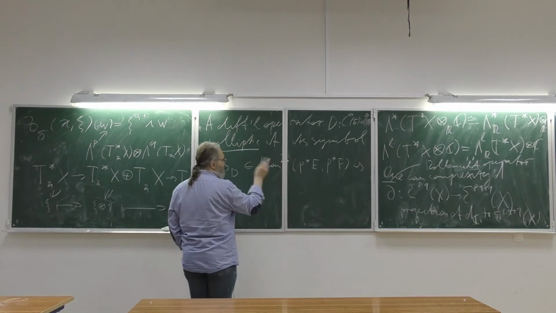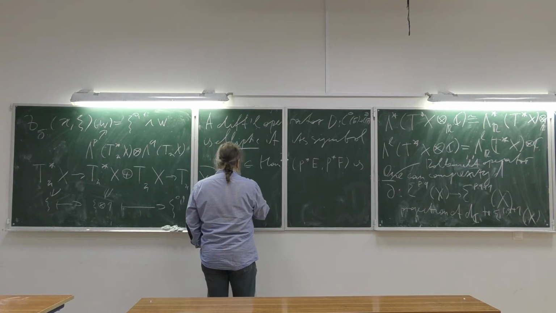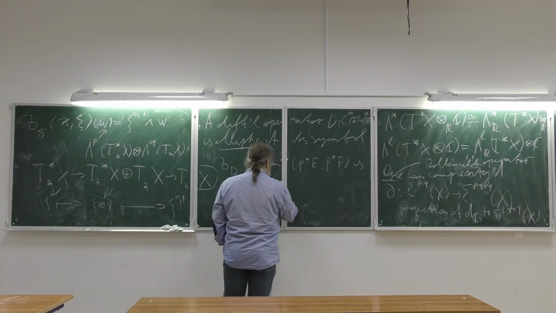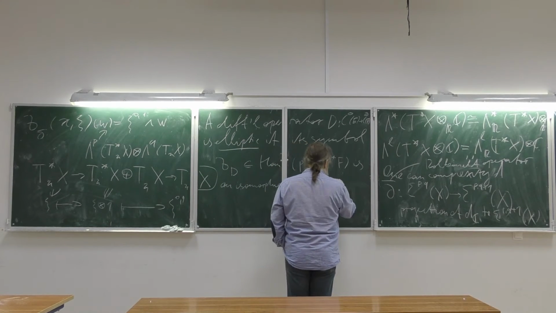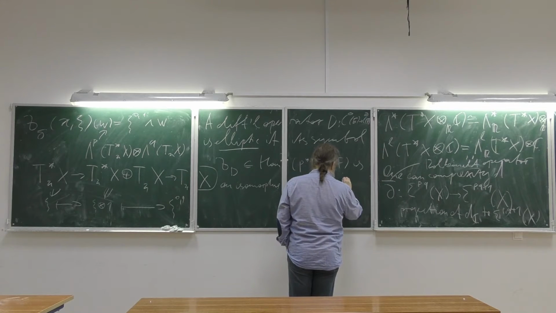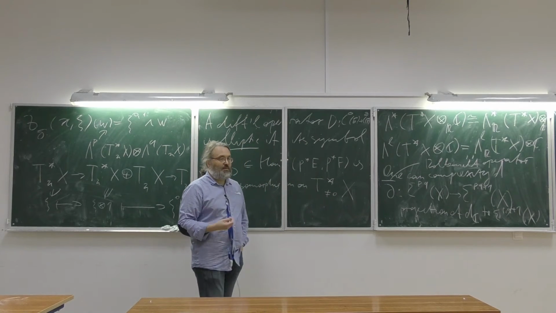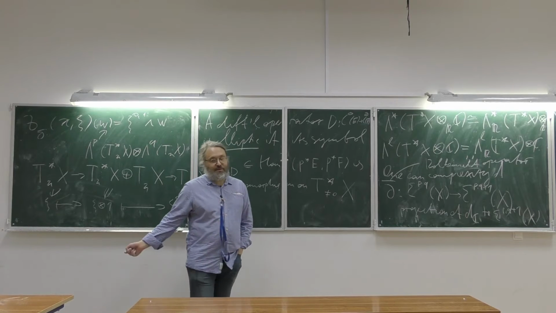And we require that this map should be an isomorphism on the tangent bundle of X minus the zero section.